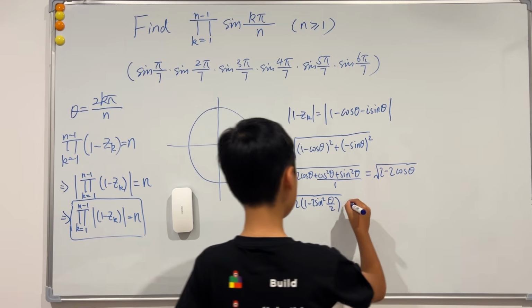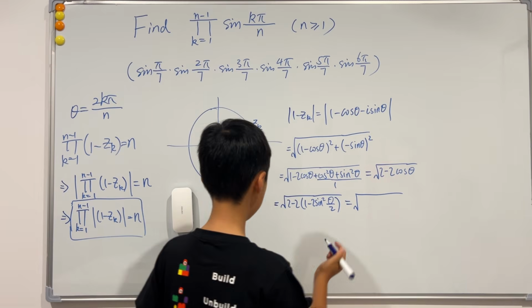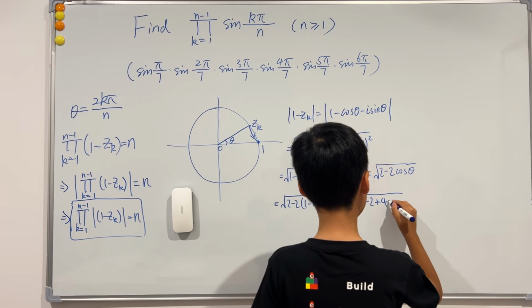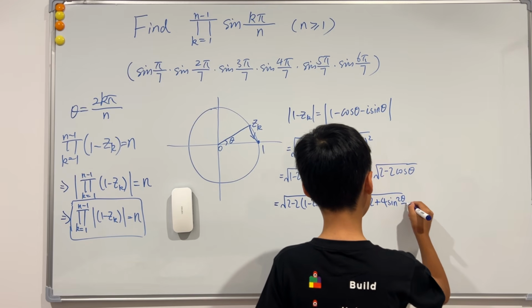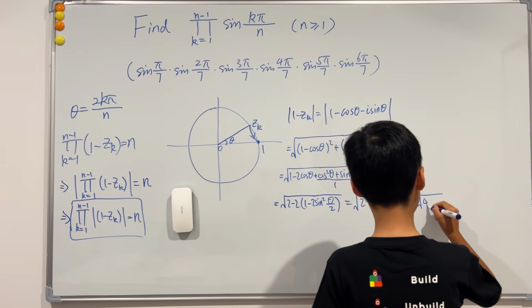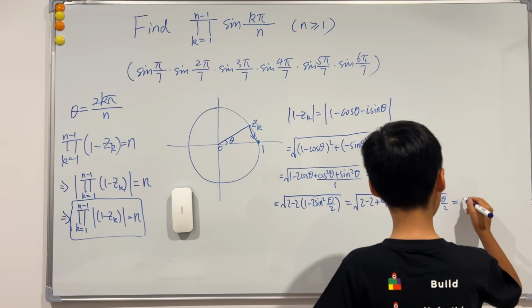And also, this is equal to the square root, if we unpack further, of 2 minus 2 plus 4 sine squared theta over 2. And this is equal to the square root of 4 sine squared theta over 2. And this is equal to the absolute value.